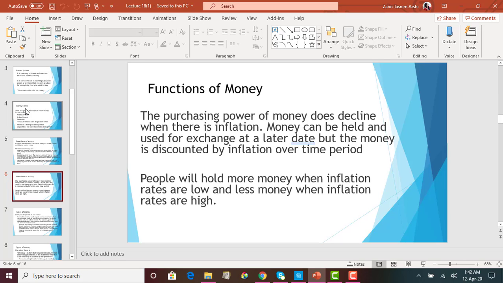With $1 we can probably buy fewer goods now compared to 20 years ago. So purchasing power may go down or up for money based on inflation over time, but it is still a store of value. When inflation is very low, people will hold more money, and when inflation is very high, people will spend more money.